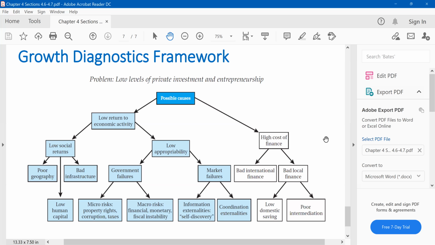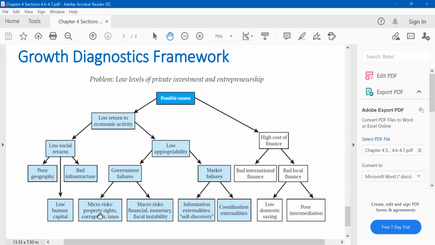So that's one type of diagnostic framework that focuses on private investment and entrepreneurship. You may also draw another one, for instance, for low human capital, right? So you can extend the tree from this dimension on and find the reasons why people have low human capital.